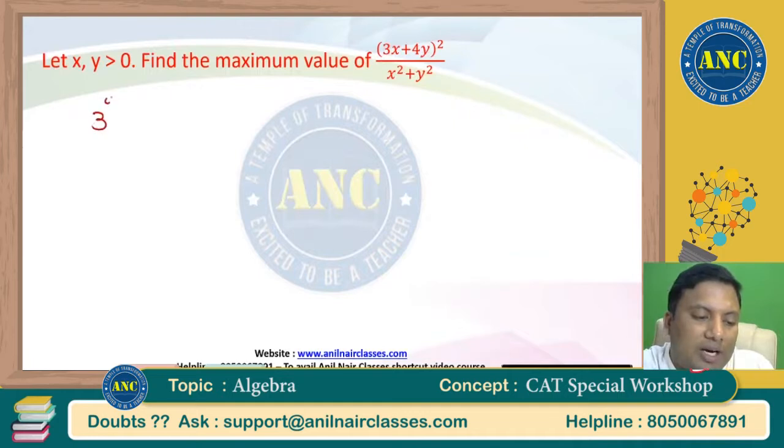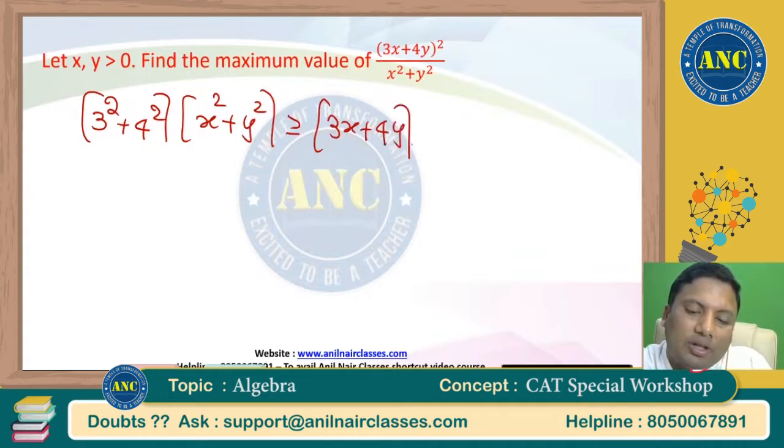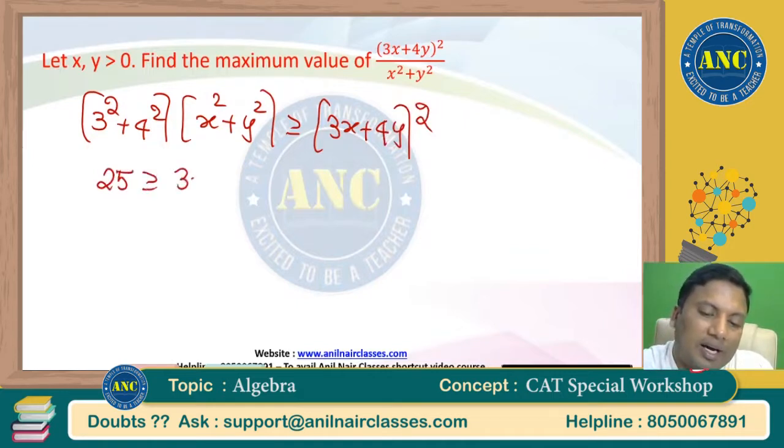So this can be written as (3 square plus 4 square) into (x square plus y square) greater than or equivalent to (3x plus 4y) whole square. These is nothing but 25. 25 greater than or equivalent to (3x plus 4y) whole square divided by (x square plus y square).